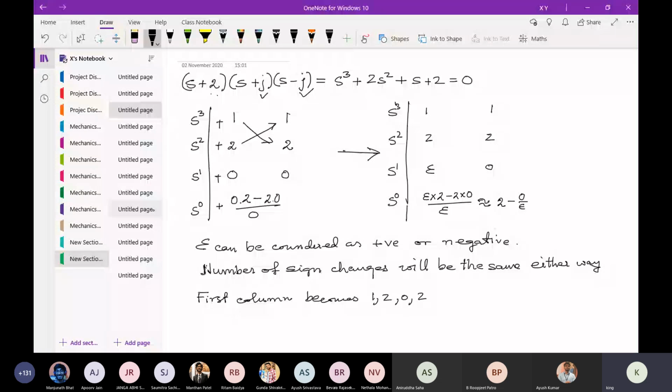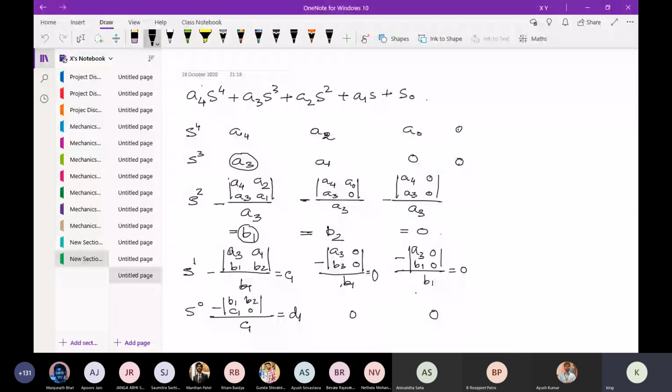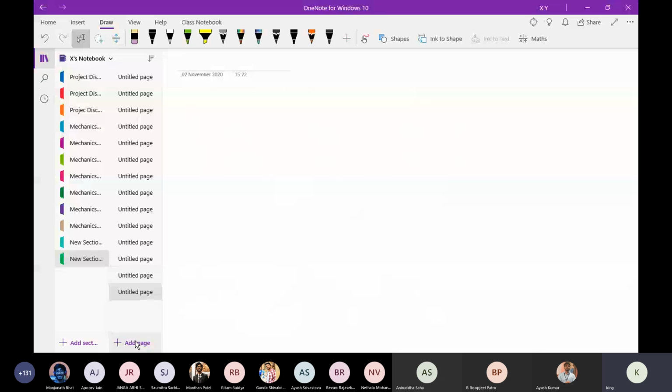So this is what you do when you have a 0 only in the first column. This is the simplest example. This is one way of doing this. There is also another way.